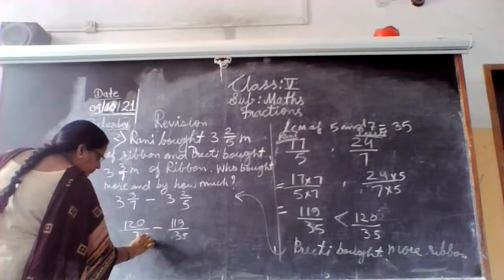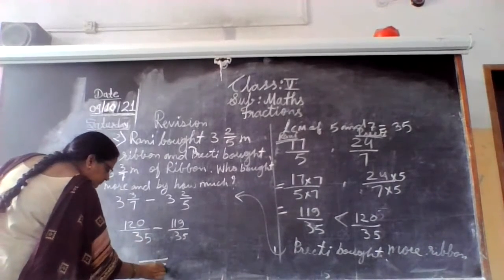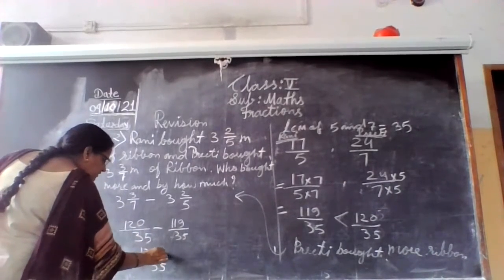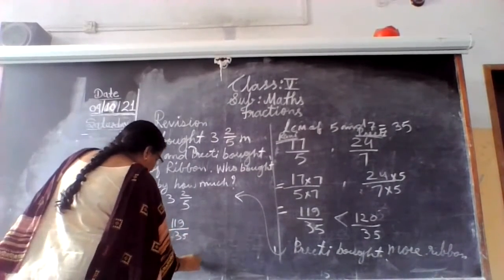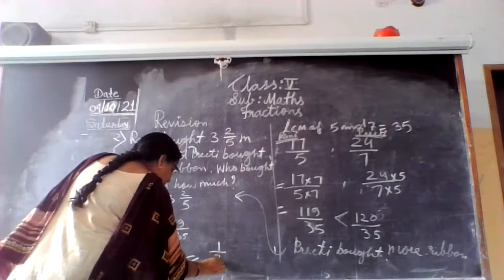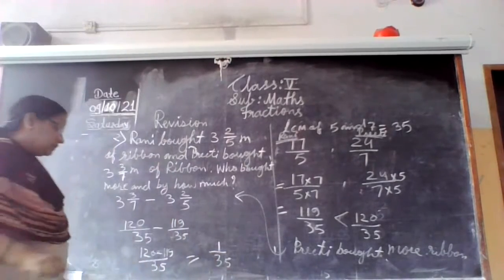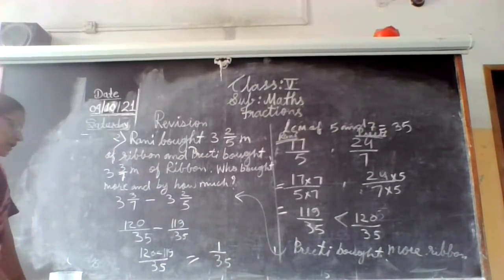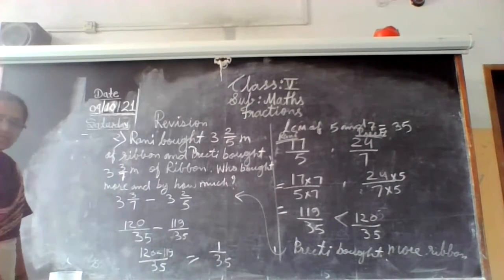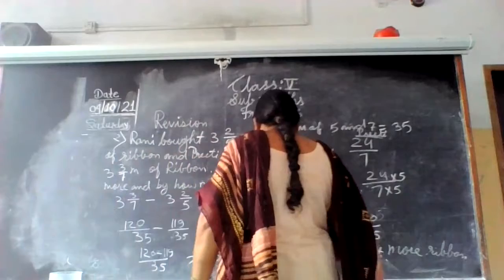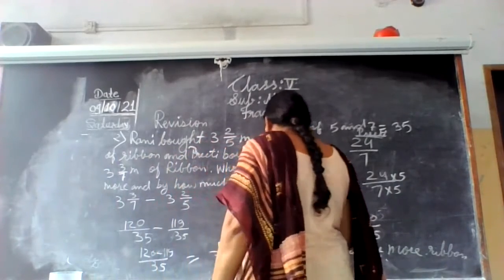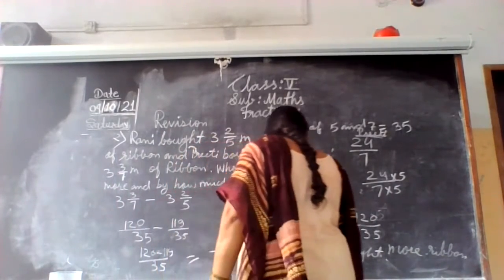Denominators are same. 120 minus 119 is equal to 1 upon 35. So Preeti got 1 upon 35 meter more ribbon than Rani. So here I am writing the answer.